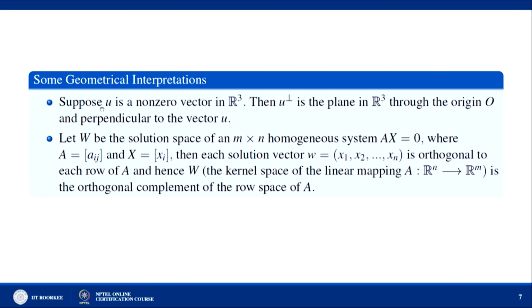Now, we have a few geometric interpretations of the orthogonal complement. Suppose that u is a non-zero vector in R3. Then the orthogonal complement of the vector u is a plane in R3 passing through the origin and perpendicular to the vector u. What is the orthogonal complement? It is all those v in V such that the inner product of v and u is equal to 0.